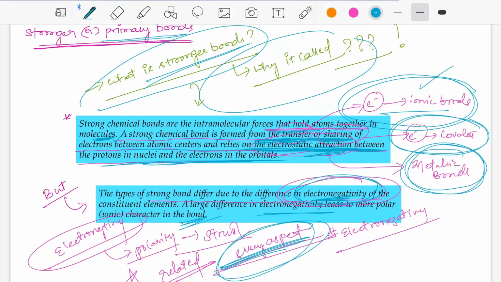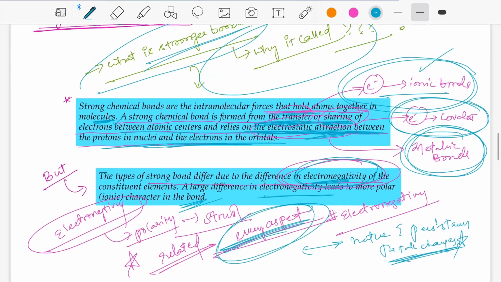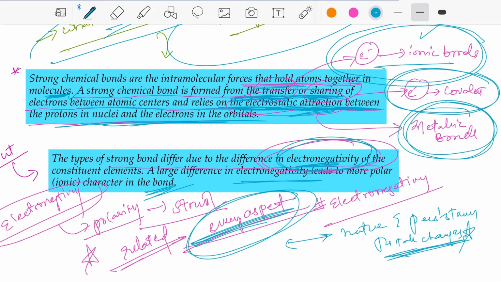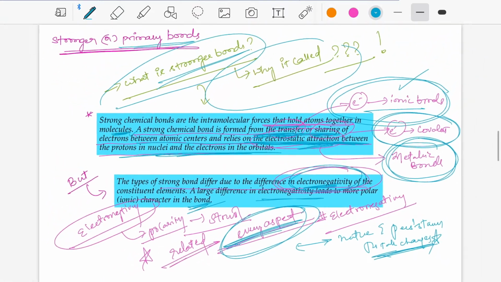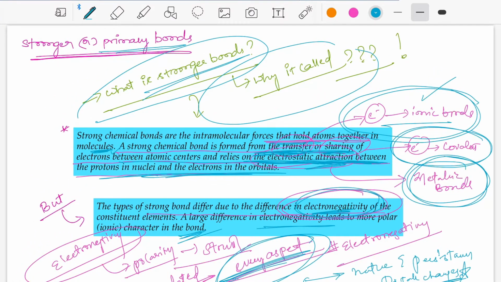Based on these two issues, the structure of a molecule, the nature of a molecule, the persistency of the molecule in the universe totally changes. Electronegativity is a very keen thing, because it implies in many ways, like polarity, like structure, every aspect.